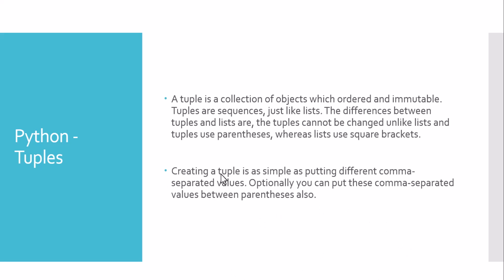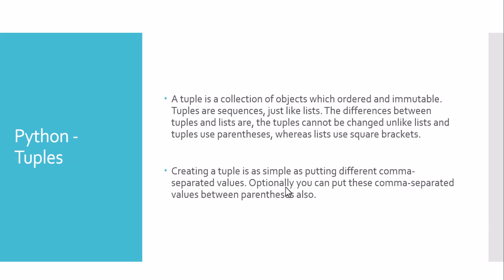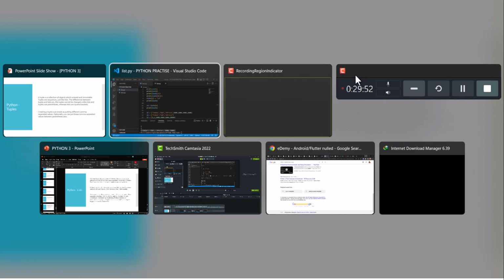Creating a tuple is as simple as putting different comma separated values. Optionally, you can put these comma separated values between parentheses also. Then let's see some examples.